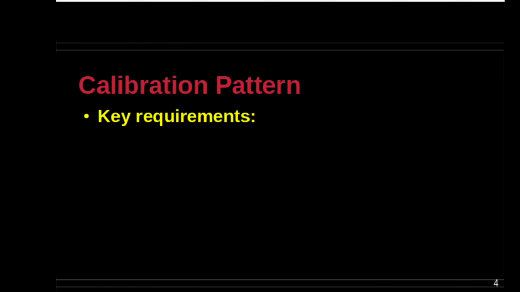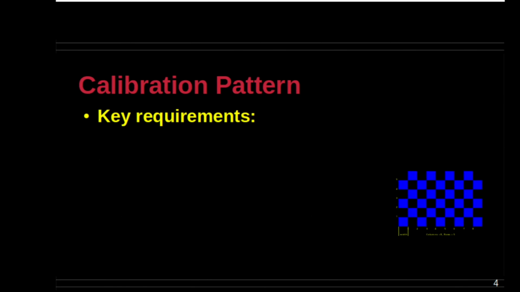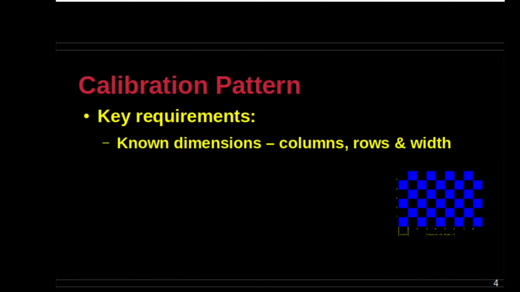The key requirements for the pattern are dimensions known precisely, and images captured from different viewpoints. Although circular patterns can be used, the checkerboard is the most common pattern for calibration exercises.